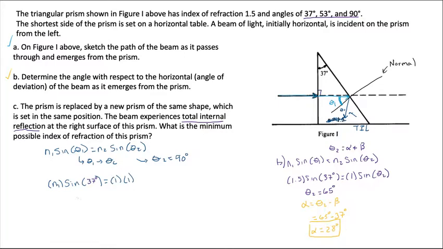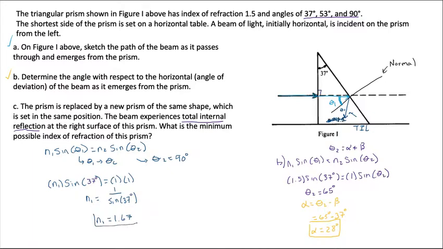So in this case, n1 is basically equal to 1 over sine of 37 degrees. And so that should work out that n1 is just going to be equal to 1.67.